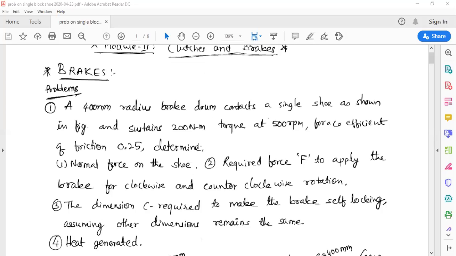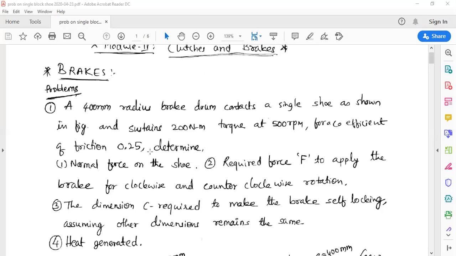And the third case that we considered is that the line of action of tangential force is either above the center of the drum and fulcrum or pivot point, or below the center of drum and fulcrum of the lever.